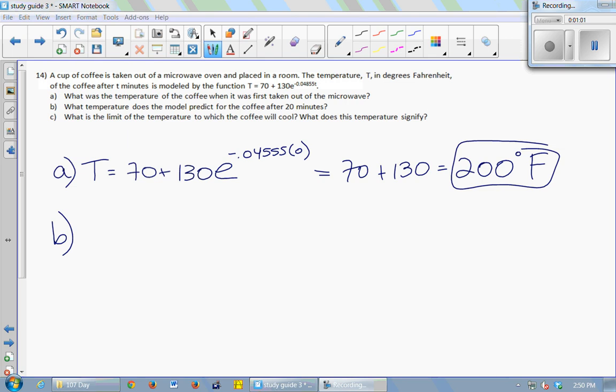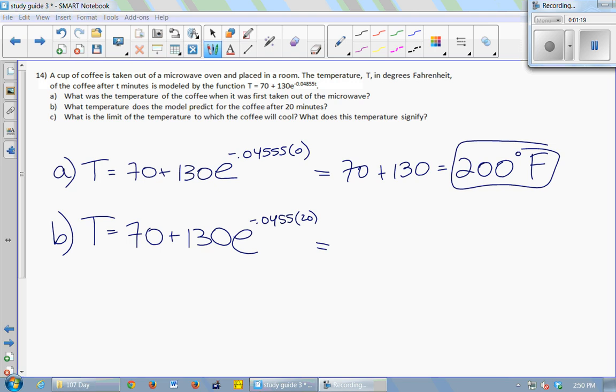What temperature does the model predict for the coffee after 20 minutes? So now I'm going to plug in for little t, representing time, 20 minutes. So this is 70 plus 130 e to the negative 0.04555 times 20.